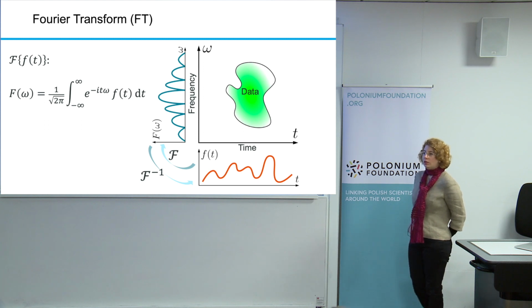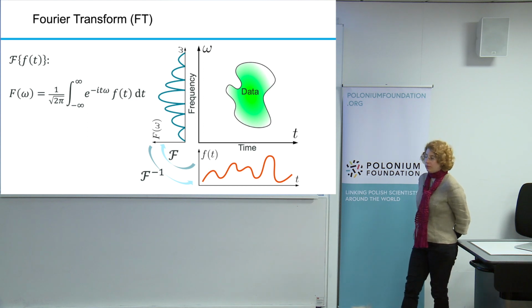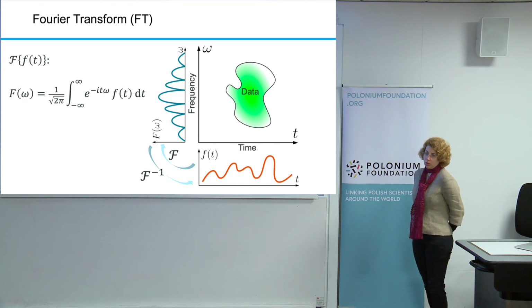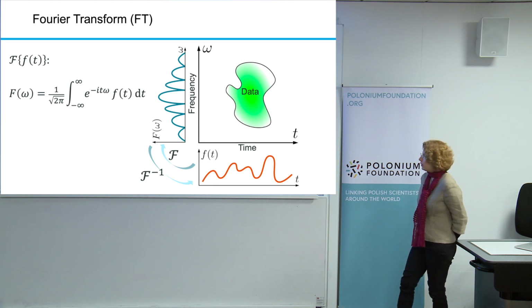Basically, we are trying to decompose a continuous function in the basis of plane waves, e to the minus i omega t. The key fact behind that is that in this continuous domain, these plane waves span a basis. Therefore, any arbitrary continuous function can be expressed in this way, in an accurate way.